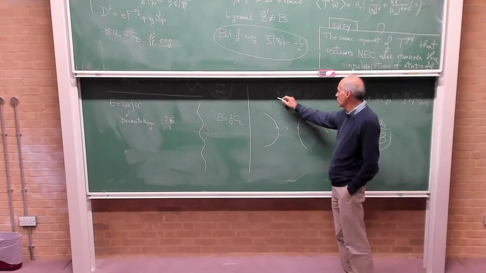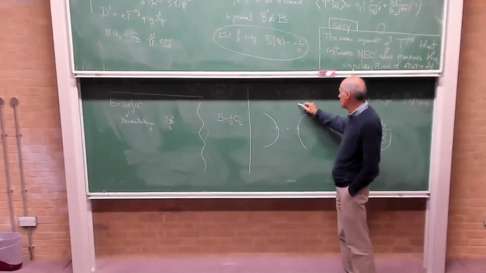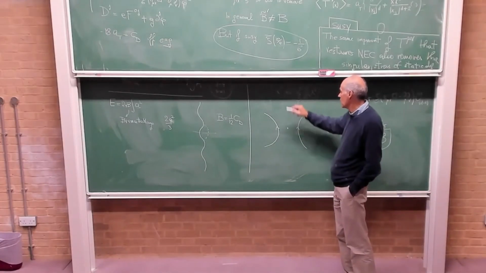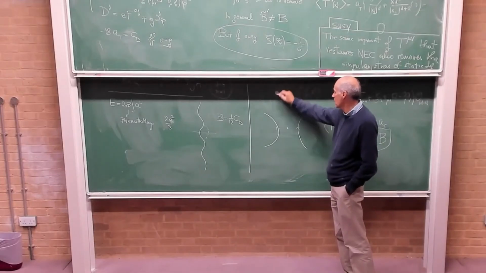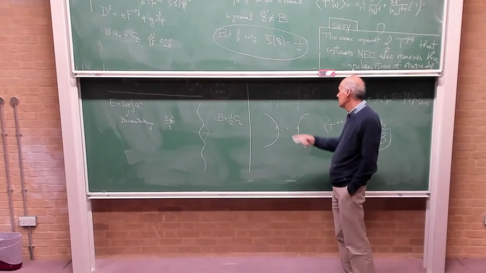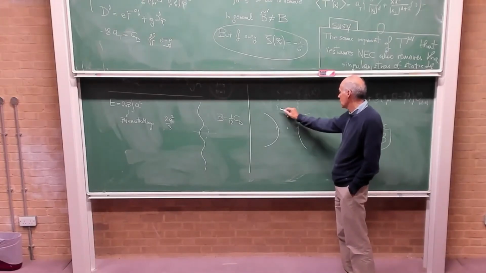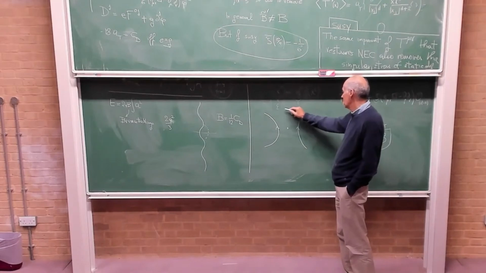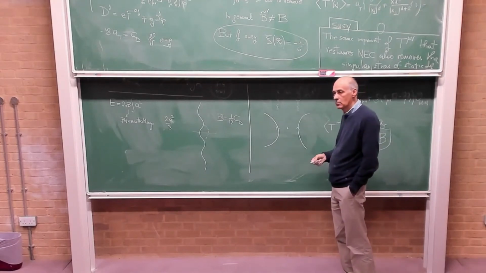Usually in holography, if I do bulk things, I put a cutoff on this equal to epsilon. If I do defect things, I put a cutoff on this. And then I renormalize. Now here, to leading order, we could put the same cutoff. But to higher orders, I don't know how to do it.